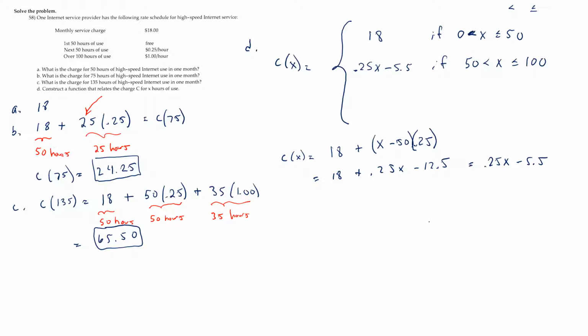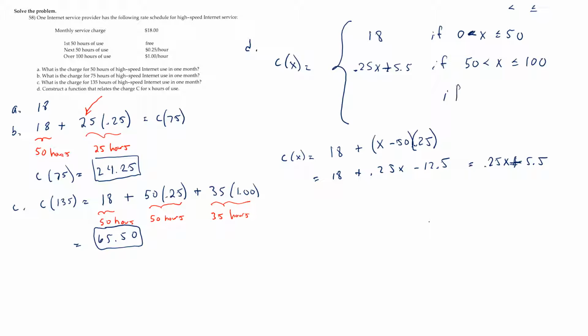This is 18 minus 12.5. That should be positive 5.5. So I'm glad I checked that. If I take 75 and plug it into that expression, 0.25 times 75 plus 5.5 is 24.25, which matches my answer to part B. So that's good.